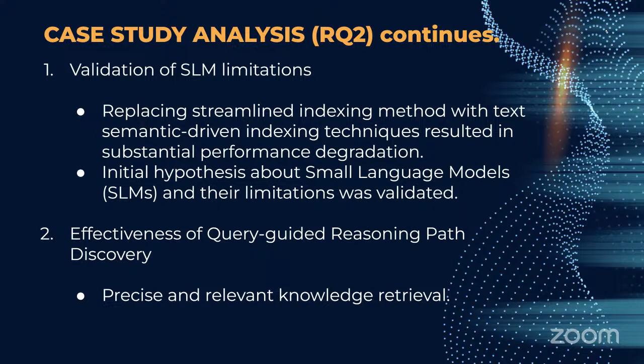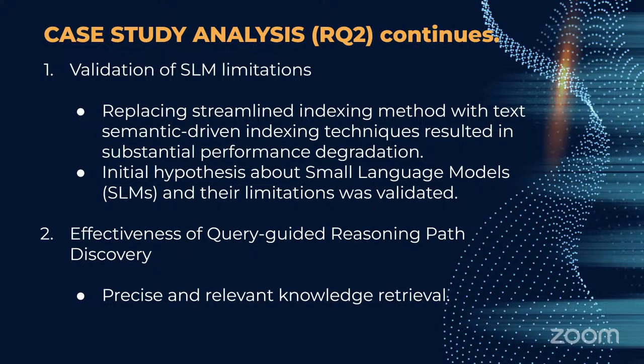So one key finding was that the performance deteriorated when the streamlined indexing method was replaced with text semantic-driven indexing techniques. This finding validated the hypothesis about small language models and their limitations. Their limitations are the constraints in comprehensive semantic understanding, which impacts the generation of complex knowledge graphs with entity relationships and the creation of comprehensive text descriptions.